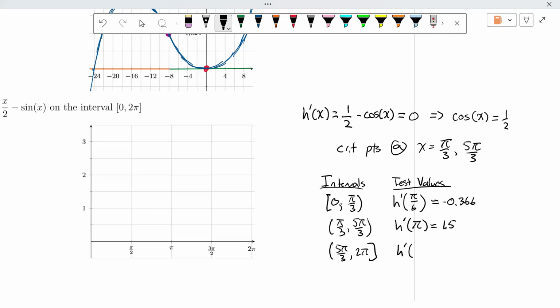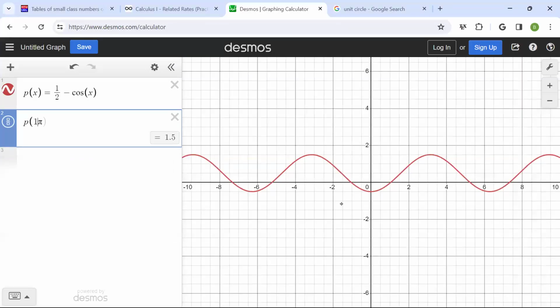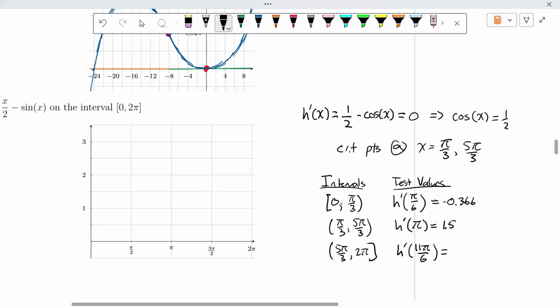So I can try, say, 11 pi over 6. Maybe that's not as obvious an answer. At this point, you may just want to try decimals if it's not obvious what to plug in. But I'll do 11 pi over 6. Yeah, negative 0.366.